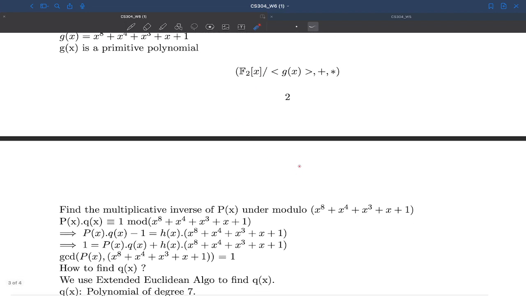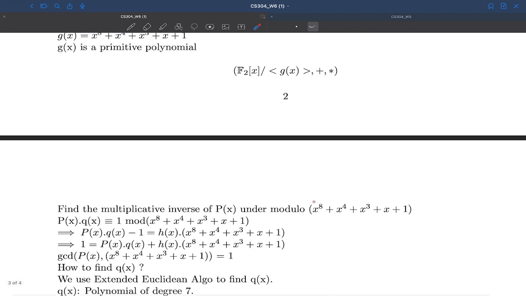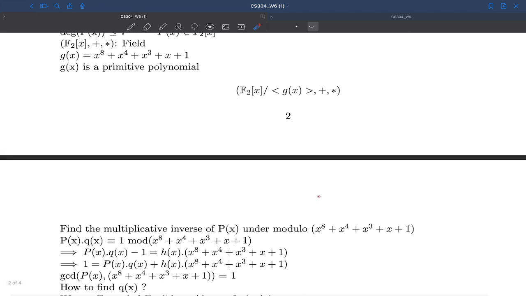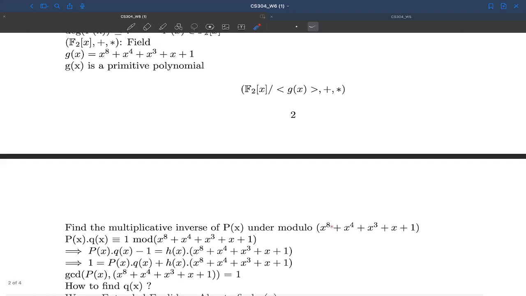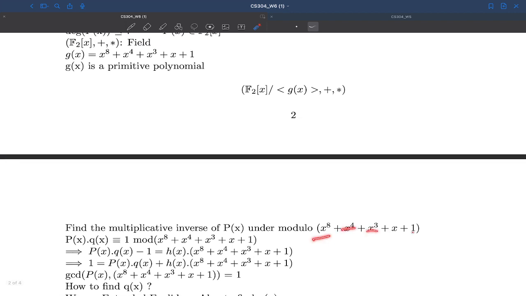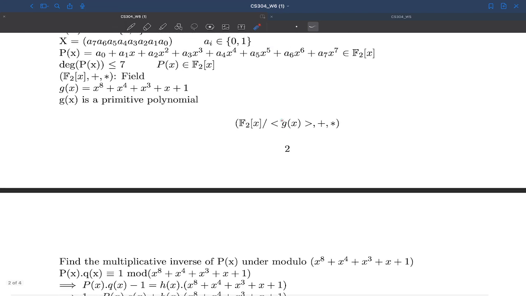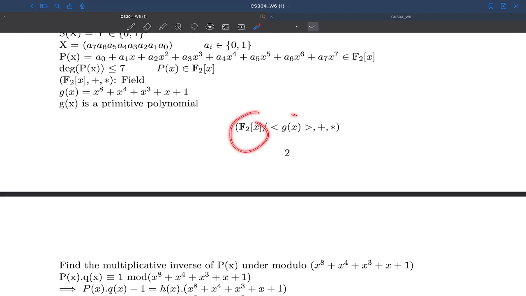Let's say my polynomial is p(x). This is my g(x), x^8 + x^4 + x^3 + x + 1, and I want to find the inverse of any polynomial p(x) under this g(x), because modulo is defined under this g(x) polynomial, since we are dividing every polynomial with g(x).